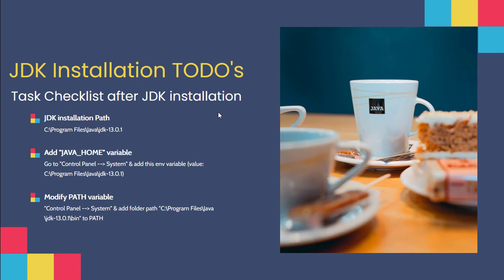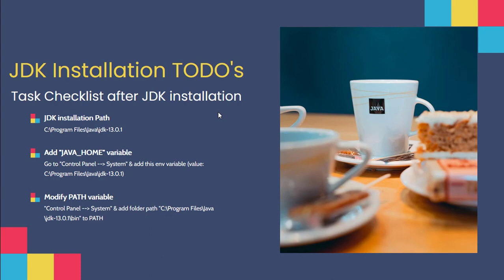Next, we need to add the JAVA_HOME environment variable. Go to Control Panel, System, and add this environment variable, and the value has to be the path you have copied. For you, it can be something like F:/programs/Java/JDK 15.0.2. Whatever it is, just copy the path and add it to the JAVA_HOME variable value.